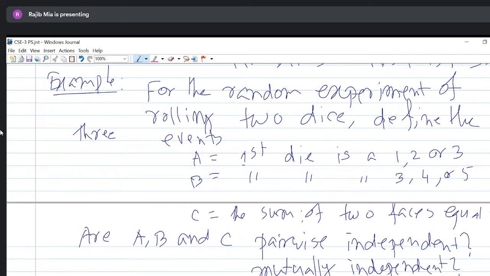Are they mutually independent? You have to check one by one.